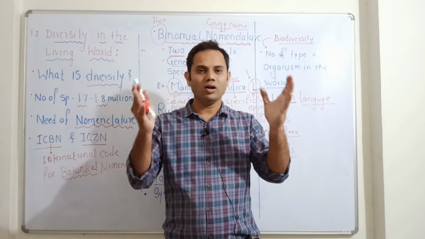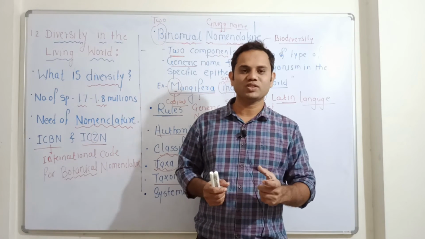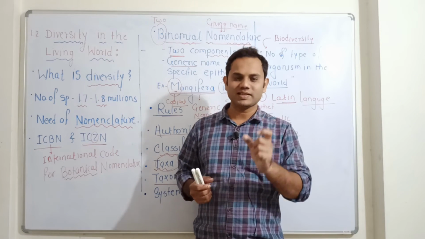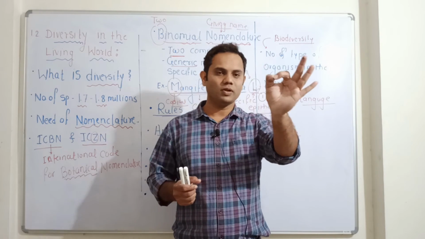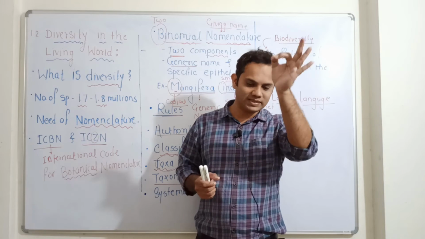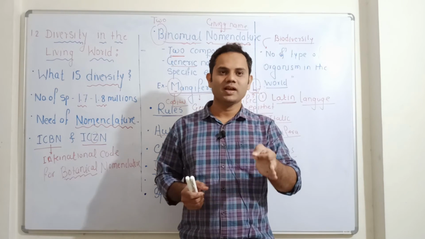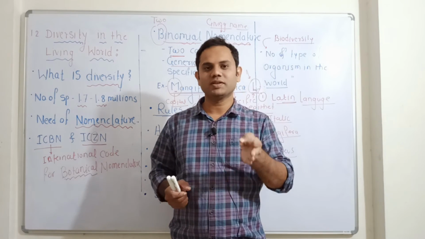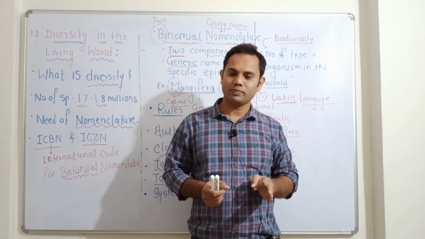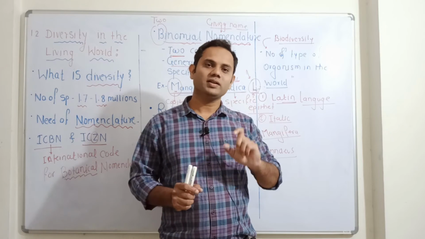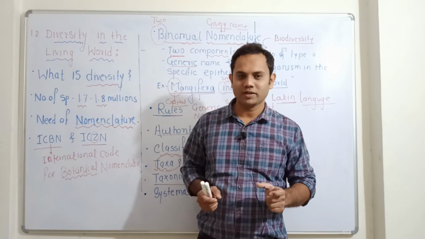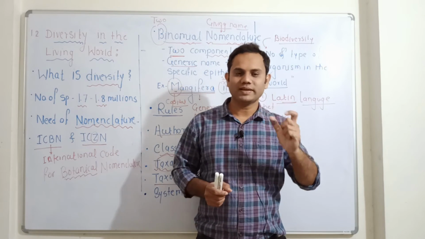So all these processes are basic to taxonomy. It is a branch of biology which deals with proper identification, its description of characteristics, and based on that description it is placed in a particular group, that is classification, and it is given the name, that is your nomenclature. So this is called taxonomy.